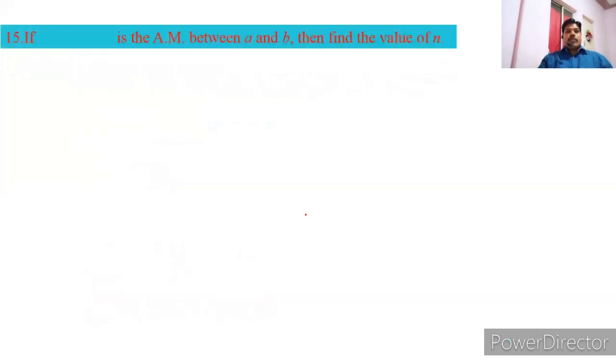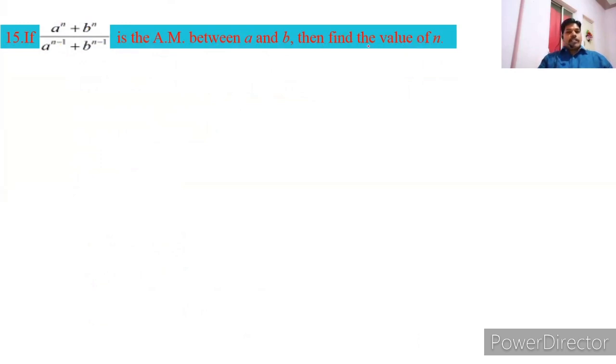See the question number 15. So question number 15 is: if (a^n + b^n)/(a^(n-1) + b^(n-1)) is the arithmetic mean between a and b, then find the value of n. Find the value of n.